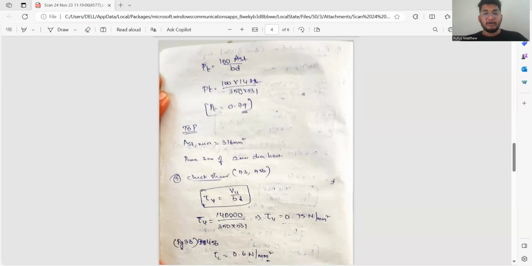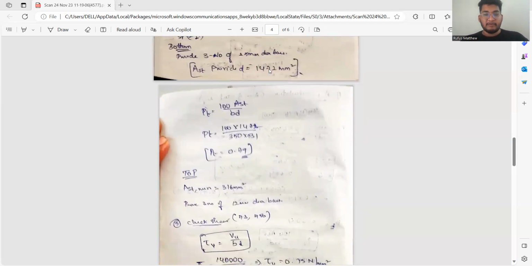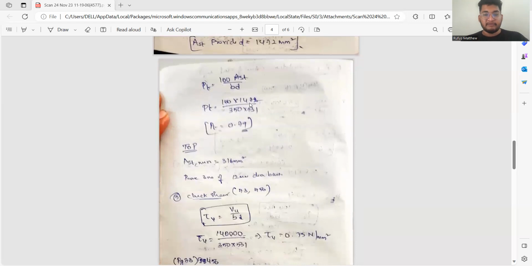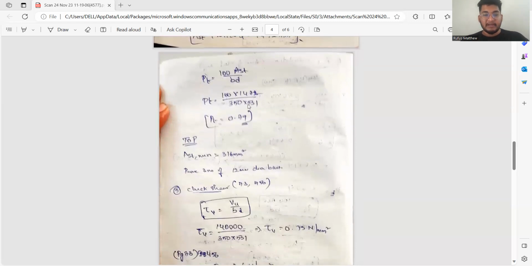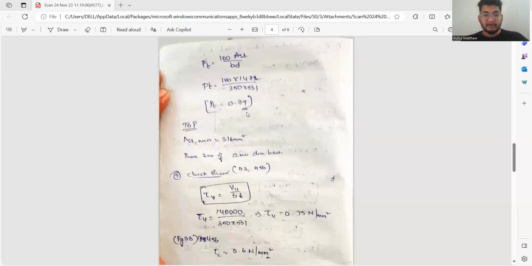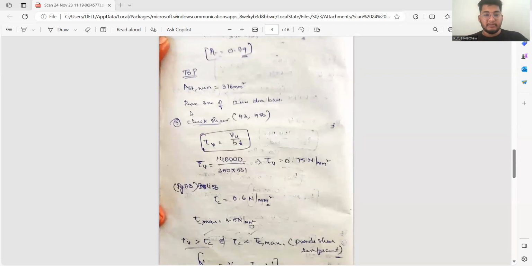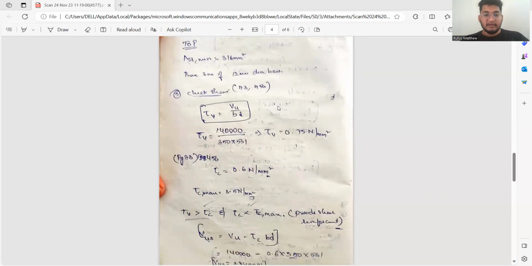PT equal to 100 into the AST provided which we got, we'll substitute here 1472, then B and D, 350 into 531. So we'll get PT equal to 0.79. Then for the top, AST minimum equal to 316, we'll provide three numbers of 12 diameter bars.